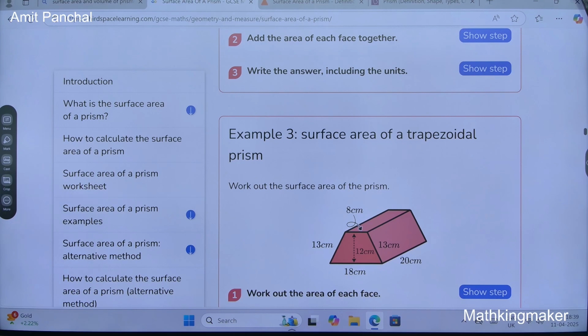Sir, I got 1352. 1352. Yeah, right answer. Good.